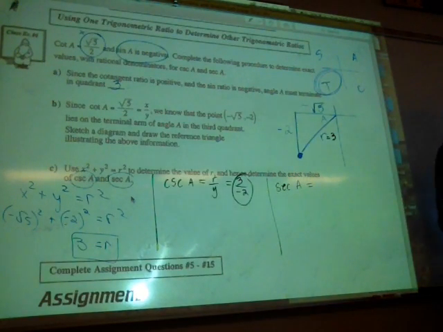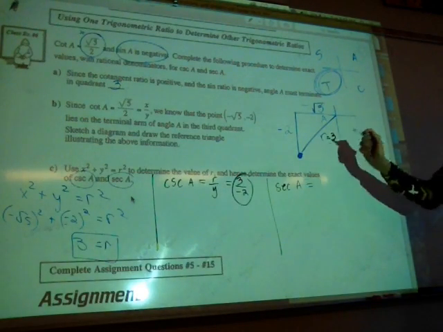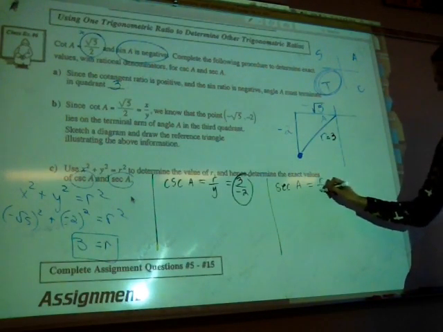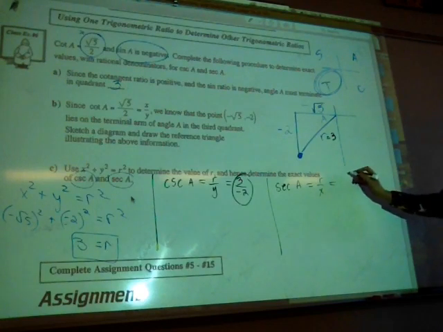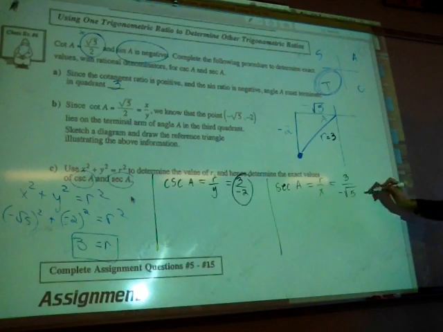Secant is the reciprocal of cosine. Cosine is adjacent over hypotenuse, so secant will be hypotenuse over adjacent. The hypotenuse is 3, the adjacent is negative root 5. Now one thing to note is you're never allowed to have a radical in the denominator, so we need to rationalize.